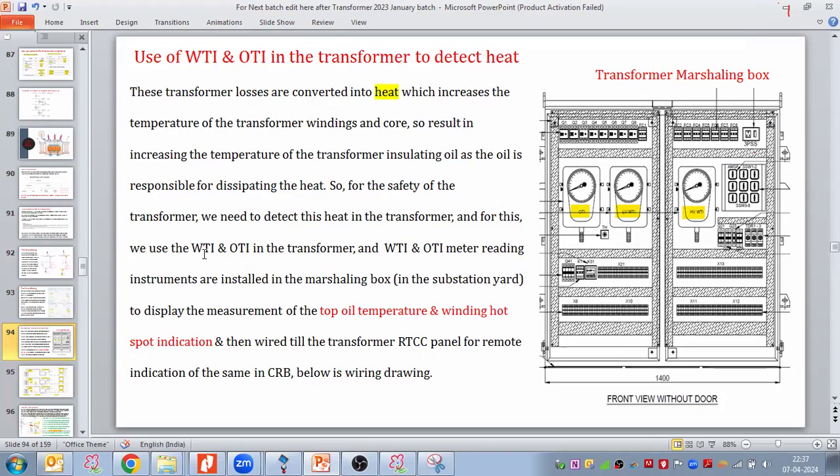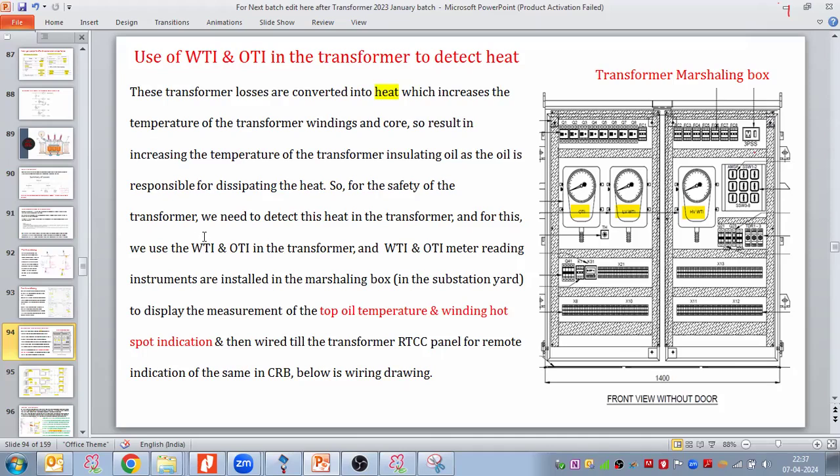So with the help of the WTI, we are directly measuring the winding heat, right? Because the winding is the major source of the heat, as the winding losses occur inside the winding. So we are detecting the winding heat.